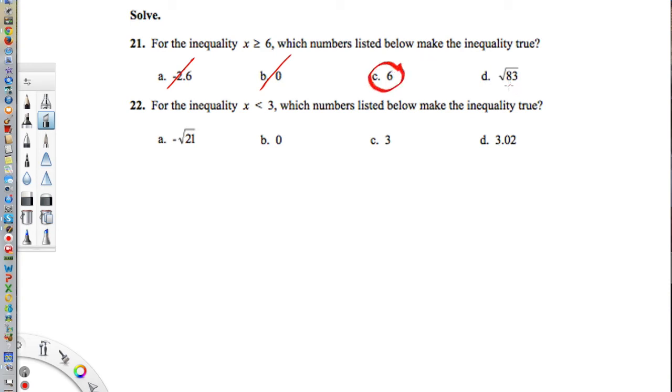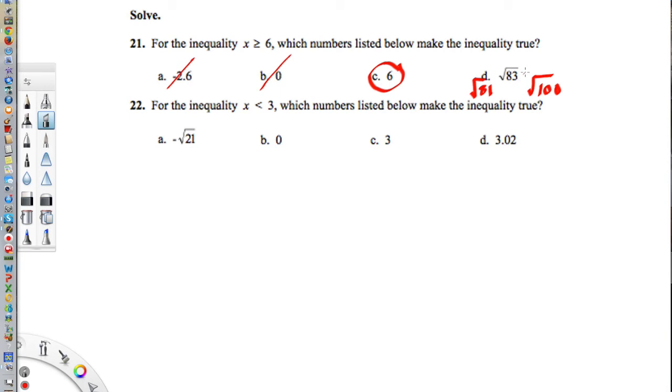And then I have the square root of 83. Well, I know the square root of 83 has to be somewhere between the square root of 81 and the square root of 100. The square root of 81 is 9, and the square root of 100 is 10.